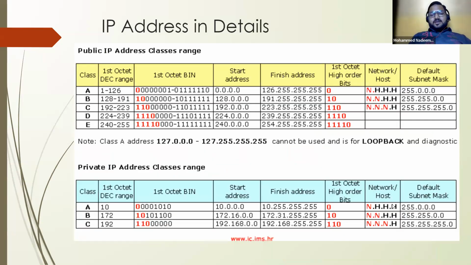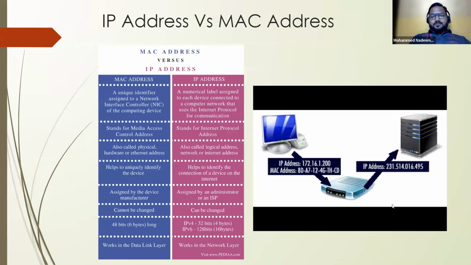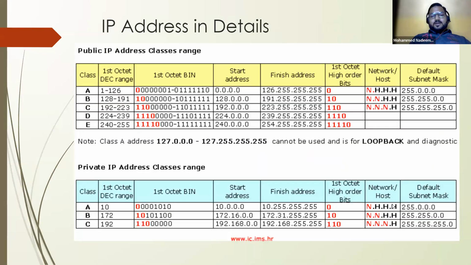So now again a little bit more about the IP address. Class A, class B, class C. I will share this PPT with you. You can just have a look and try to understand. Class A is any IP address starting from 1 to 126. Look at the first octet, the private ranges, and the subnet masks of private IP addresses.